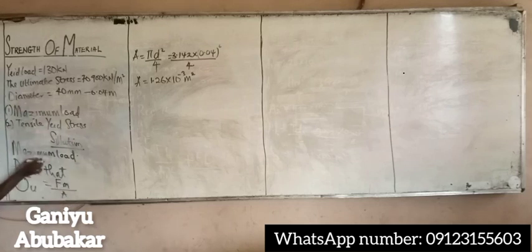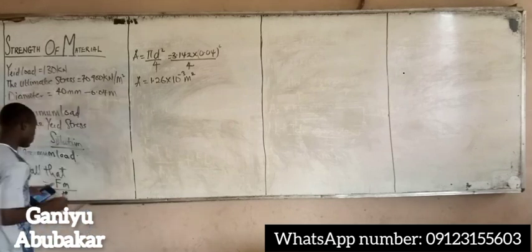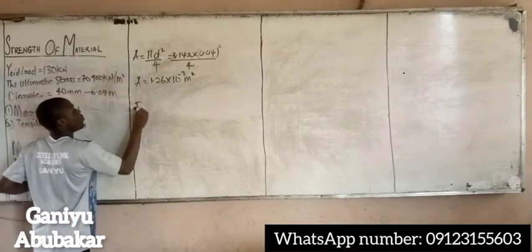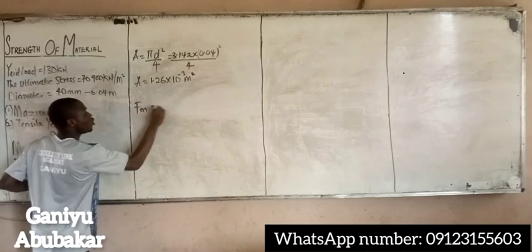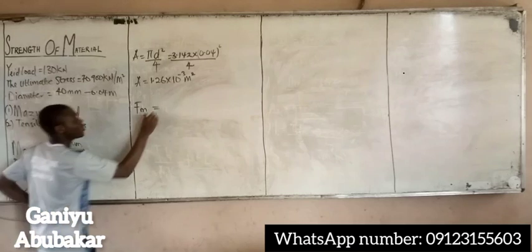I'm going to calculate for maximum load. Cross multiply, I'll have maximum load, Fm, is equal to the ultimate stress multiplied by the area.